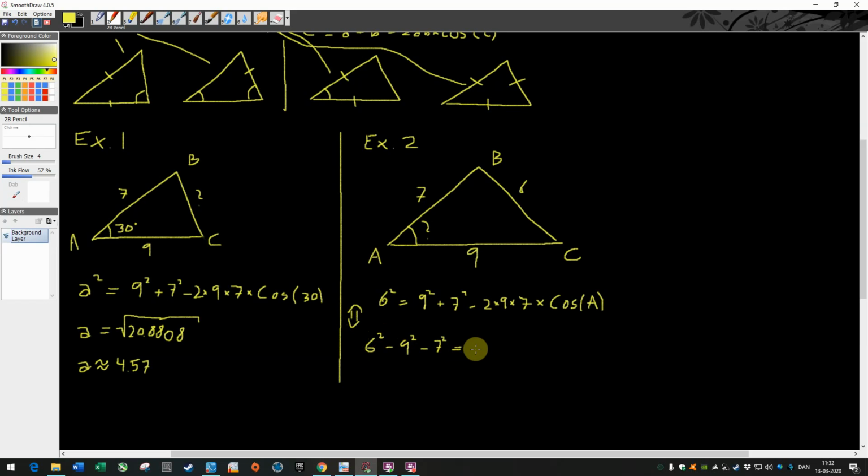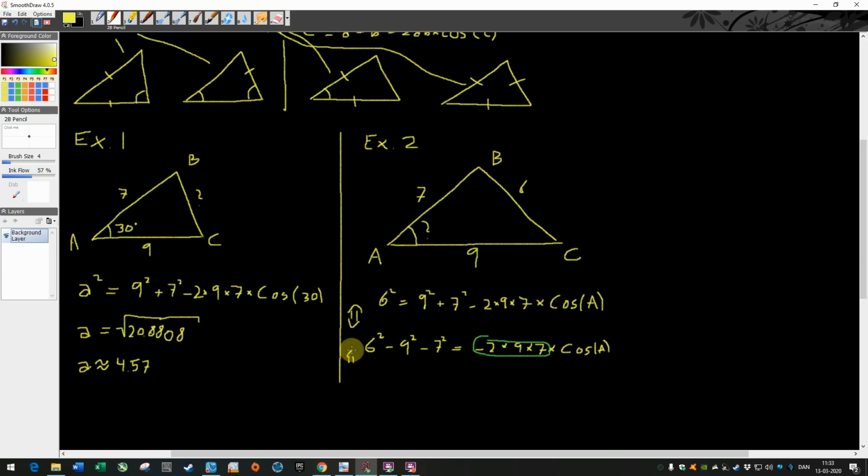Then we are left with minus 2 times 9 times 7 times cosine of A. This thing here, that is just a number, right? Negative 2 multiplied with 9 multiplied with 7. You can see this as one number. You want to make cosine of A the subject at first. So you just divide with that number on both sides.